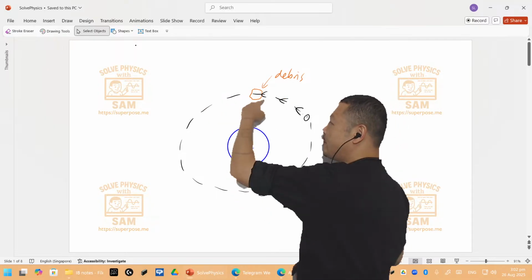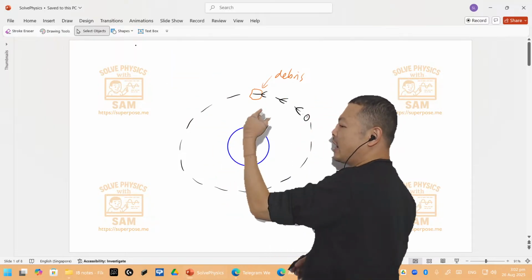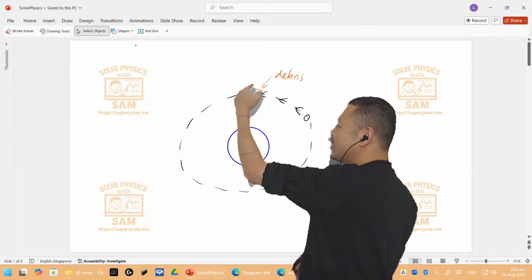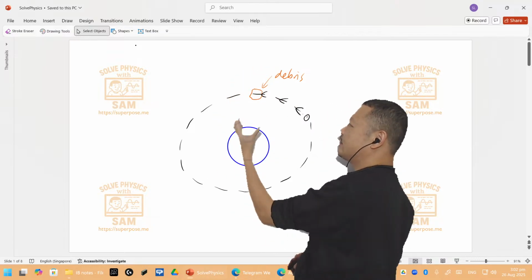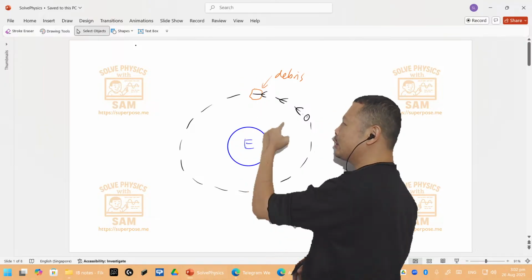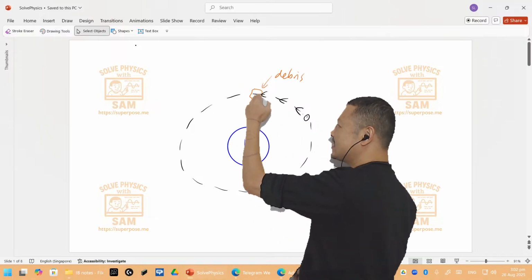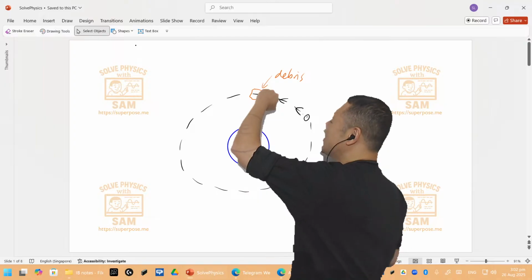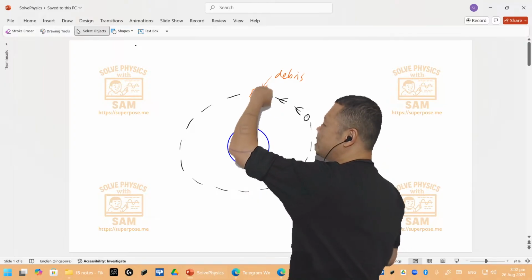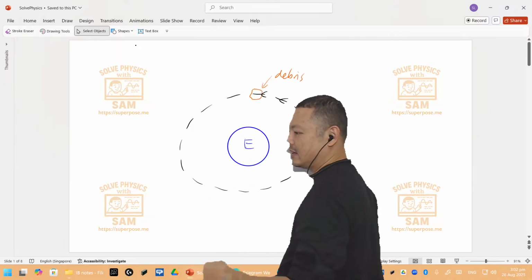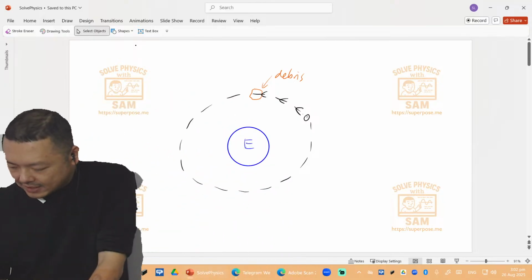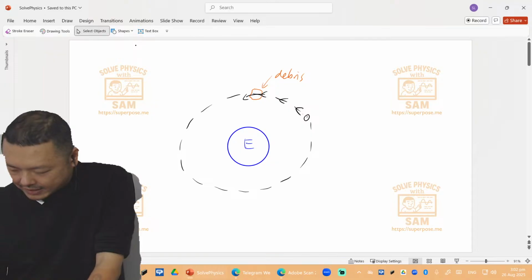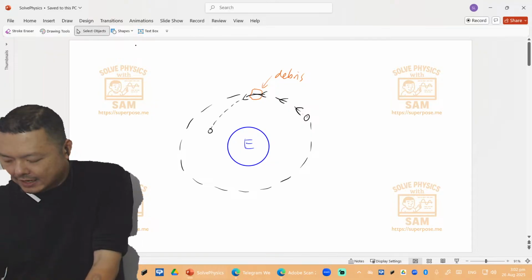Because to drift off into space means that you have to have enough energy to escape Earth's gravitational field. Don't forget, Earth's gravitational field is always trying to pull you back in. So if you lose energy here, the first thing that happens is that it will cause you to drop to a lower orbit. So this thing here goes down like that, and then the satellite like this.